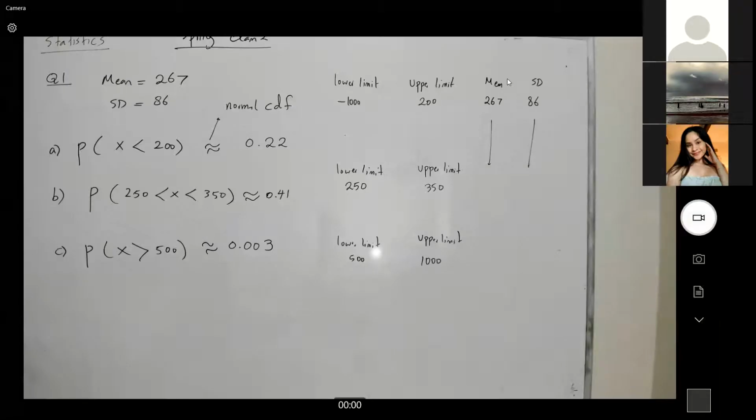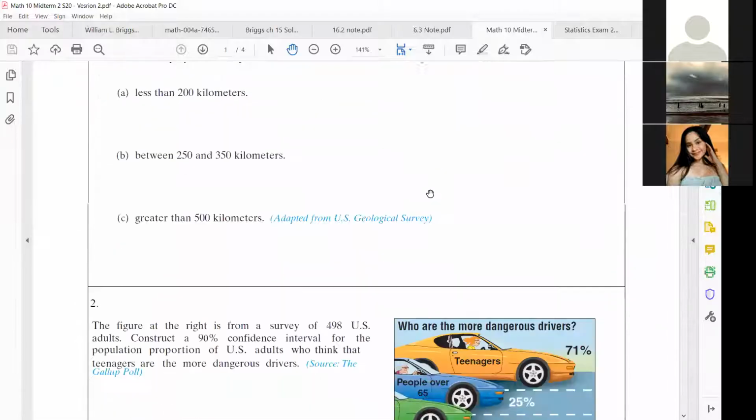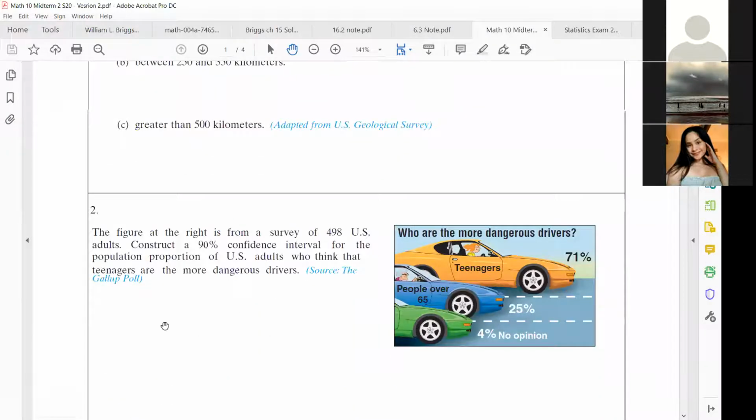There you go. Let's take a look at the next question. This question is similar to what we did in class. This is similar to one of our examples. So it says the figure at the right is from a survey of 498. So what is 498? Sample.